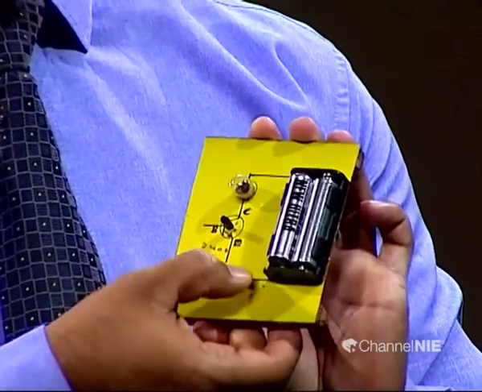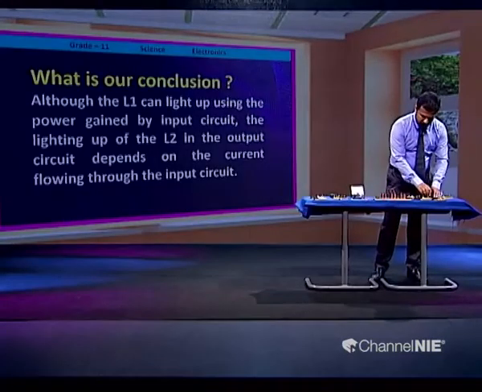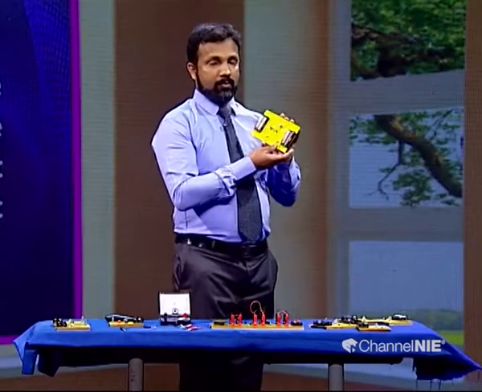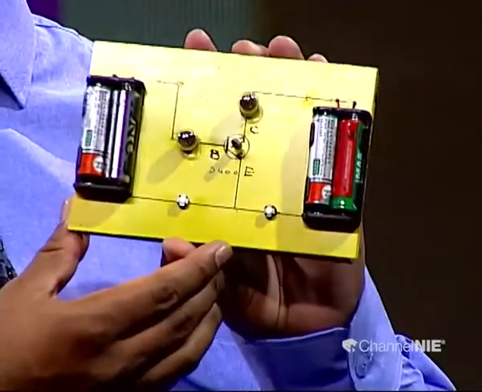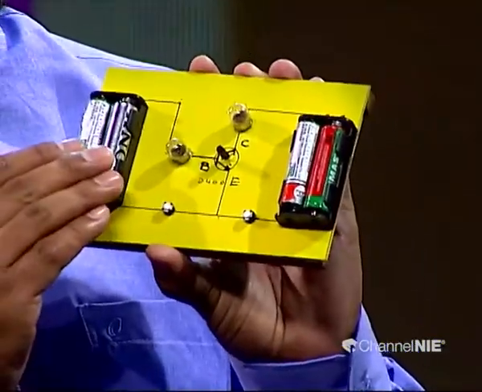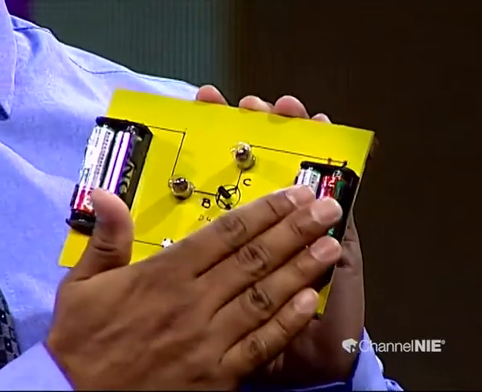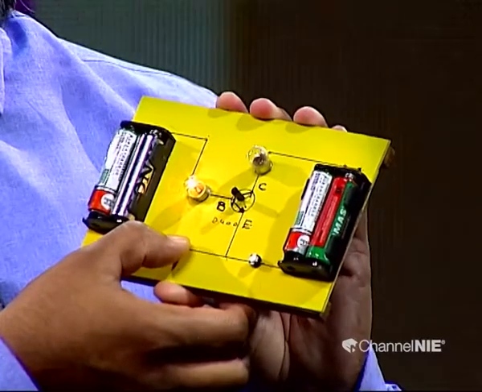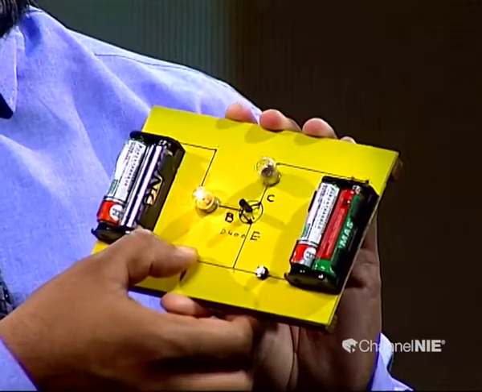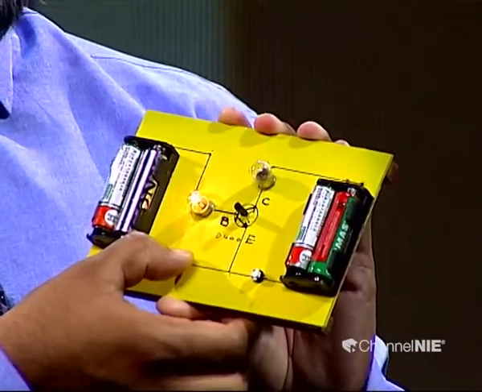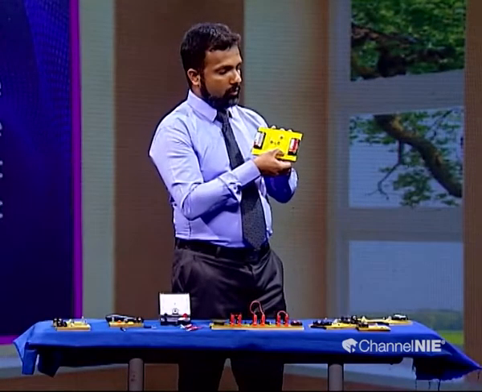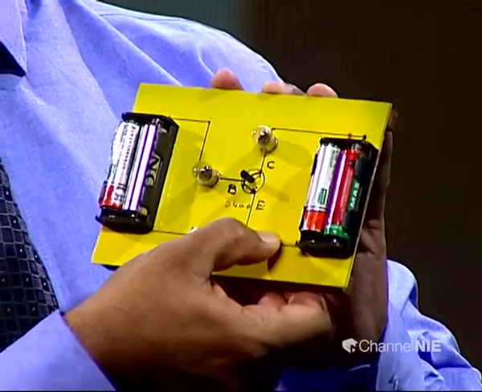L2 bulb does not light up. This is the circuit made by combining both the input circuit as well as the output circuit. S1, close up, S2, close up, it doesn't light up.